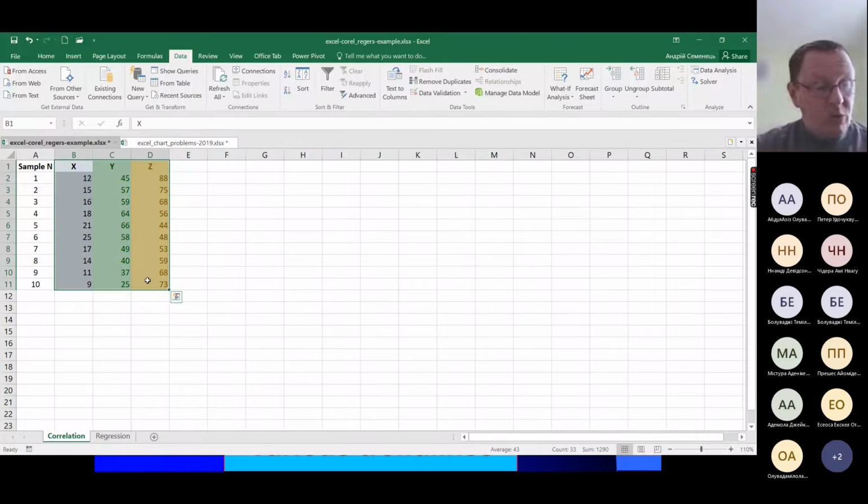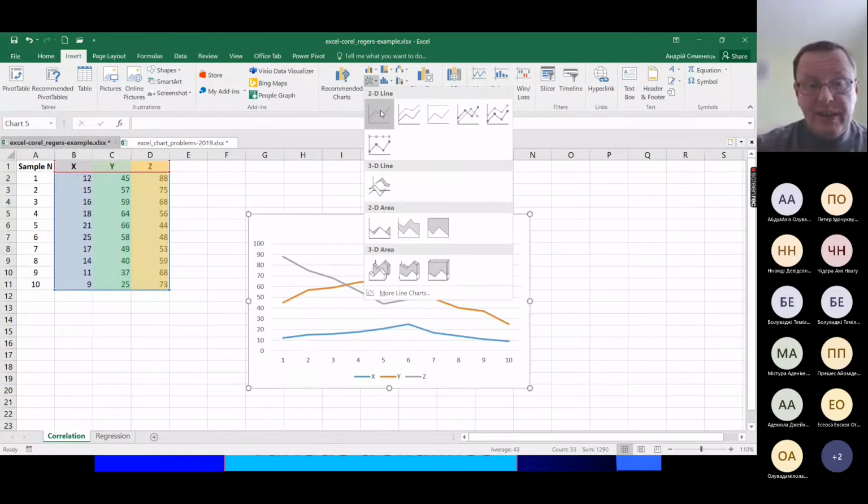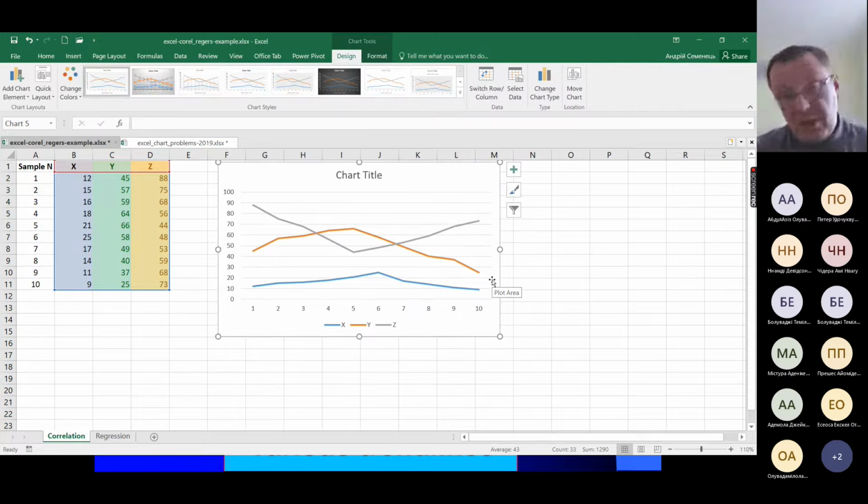For sure, we can visually make some initial assessment with a conventional chart, which is actually not quite a scientific approach, but we can insert a linear chart just to justify visually whether correlation is even possible or not.